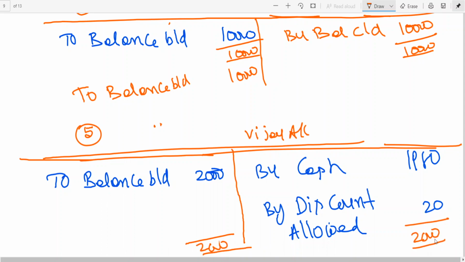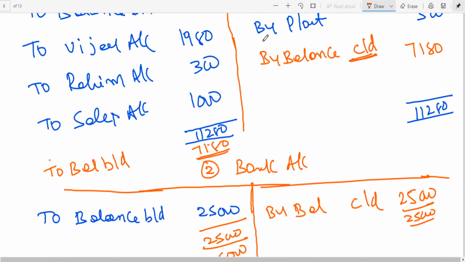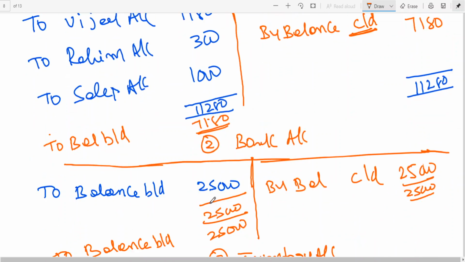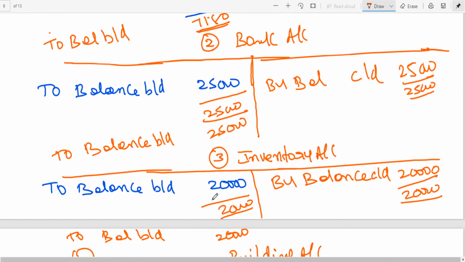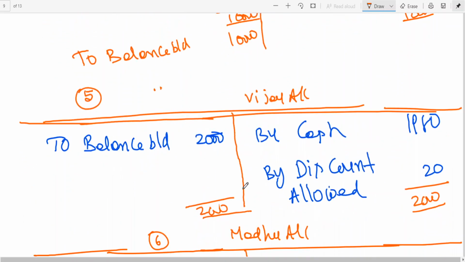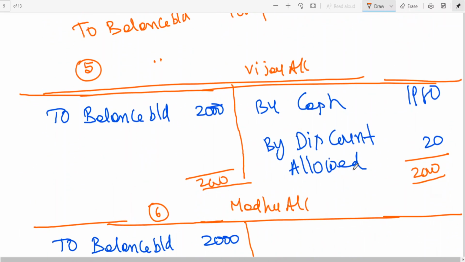If the debit side is showing more, it shows a debit balance. We have discussed this in today's class also. Sometimes if both sides are equal, nil balance may show. So Vijay account is having nil balance.